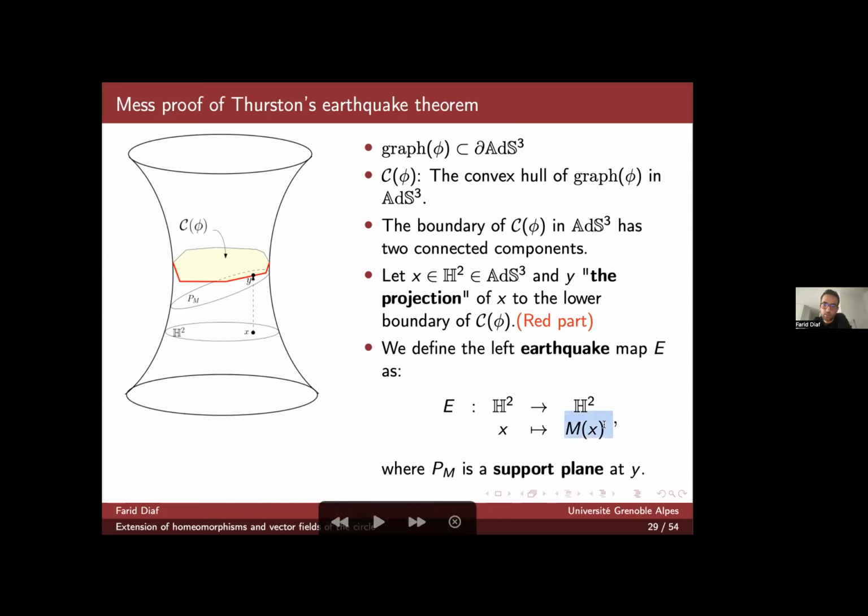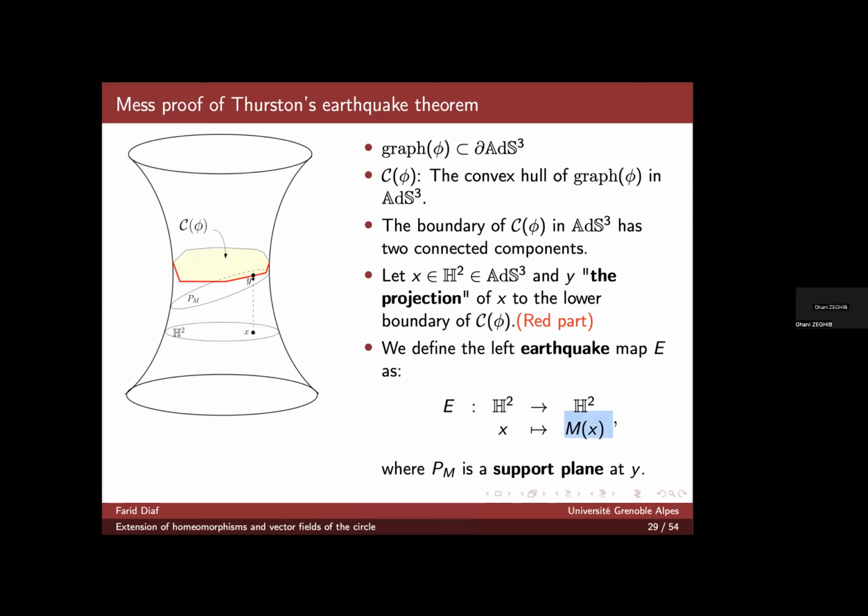And in fact, in the picture you see that if you move X, there is a flat piece where this L does not change. And this is the definition of earthquake indeed, because on the strata of the geodesic lamination, your earthquake coincides with an isometry.